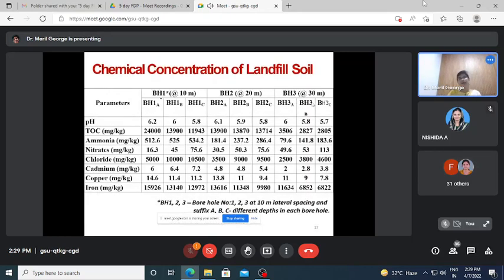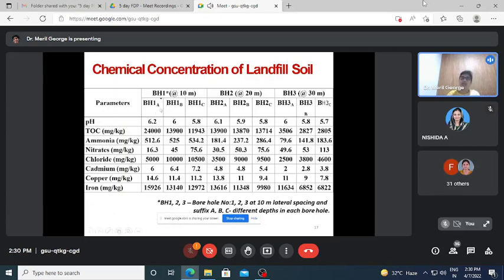When we consider the chemical concentration of landfill soil, the previous one was about the water sample. Next it is about the landfill soil chemical characteristics. So you can see borehole 1 at 10 meter spacing. From that particular borehole itself, soil samples were collected from 3 depths at 50 centimeter spacing.